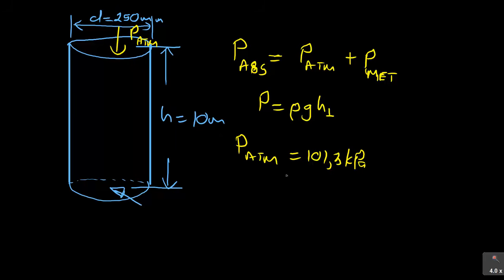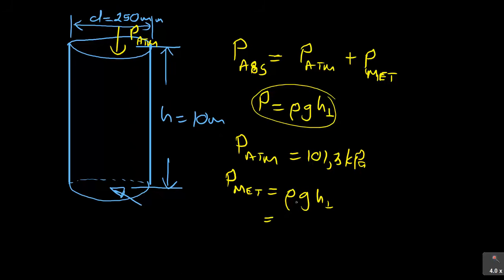Now we need to find our P met, and we are going to use the formula P equals rho g h, where h is the perpendicular height.